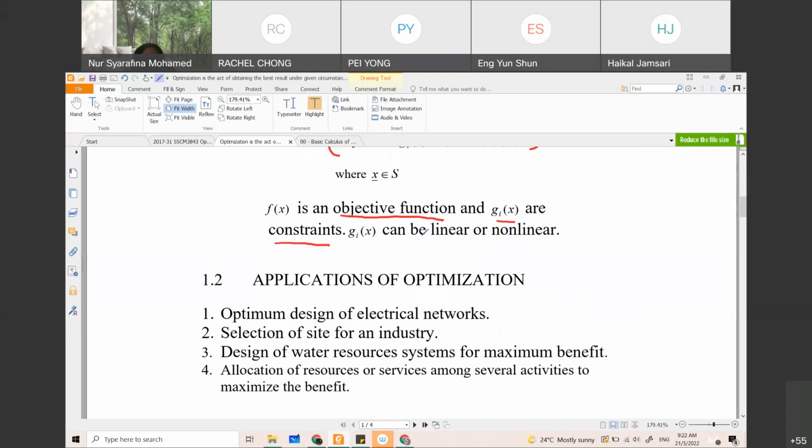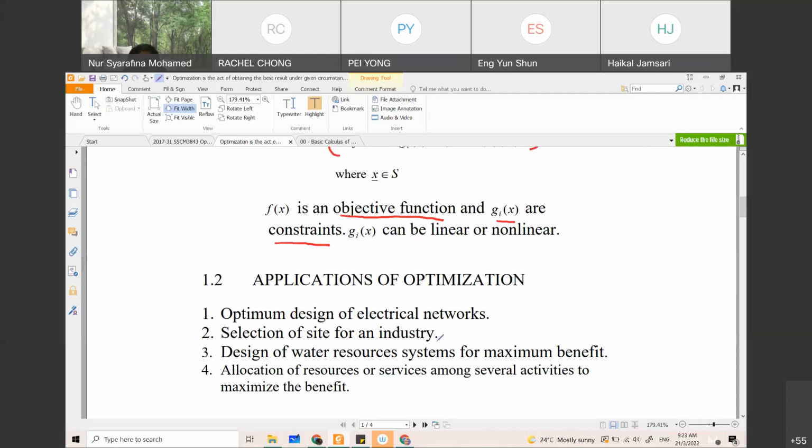So where can we apply all of this optimization? There are a lot of optimization applications. We want optimum design of electrical networks, selection of sites for industry, design of water resources, allocation of resources. Okay, just like your friend said, we want to maximize the profit.